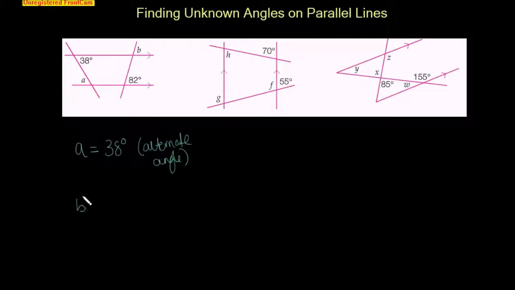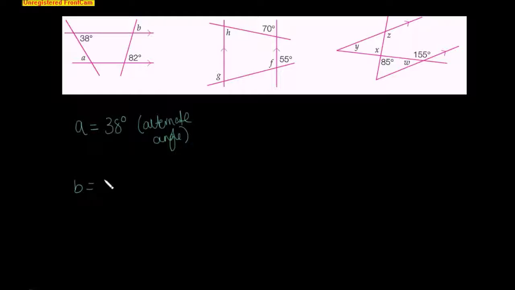B, now it's not an alternate, because the alternate to 82 would be here. So when we go through our rules again, we can go through 1, corresponding. So 82 is the corresponding angle to B. So B equals 82 degrees because they're corresponding.